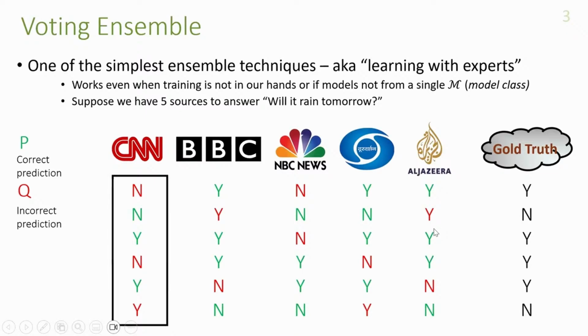Now, if you pay attention here, if you check the accuracy of this CNN model, right? On the first day, it is saying no, the ground truth is yes, which means the prediction of CNN is wrong for the first day, right? Second day prediction is right, third day prediction is right, fourth day prediction is wrong.